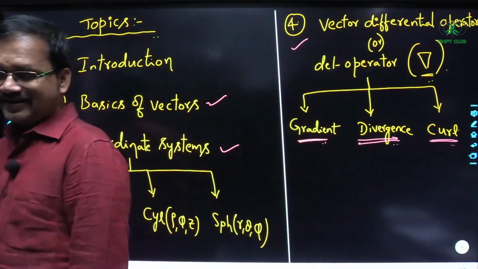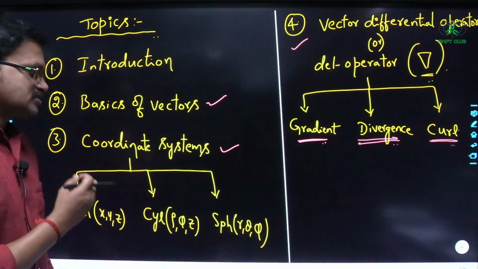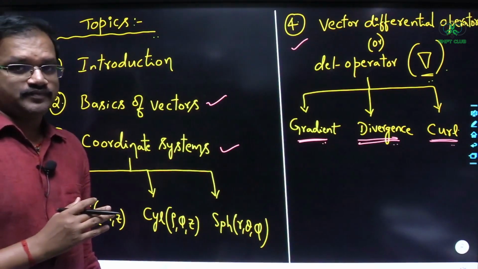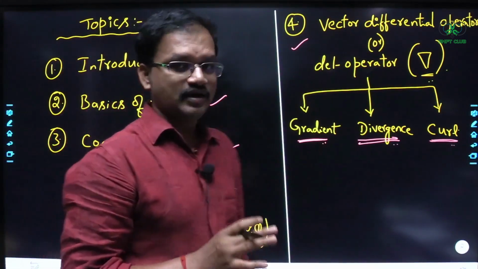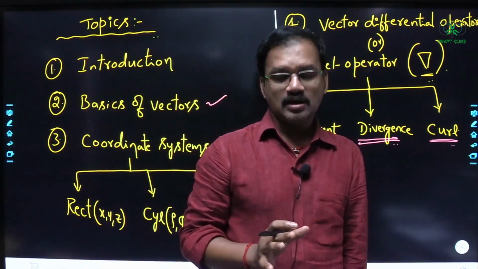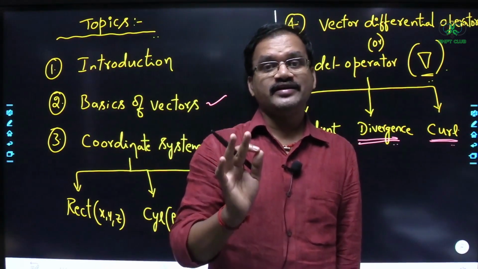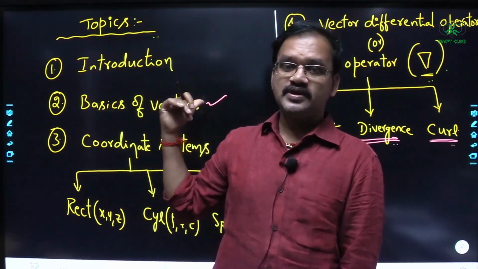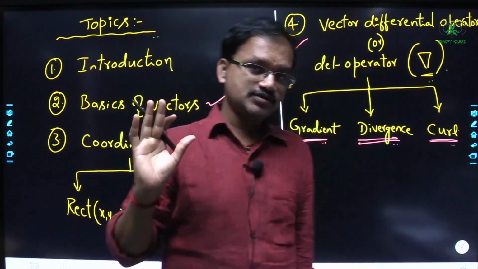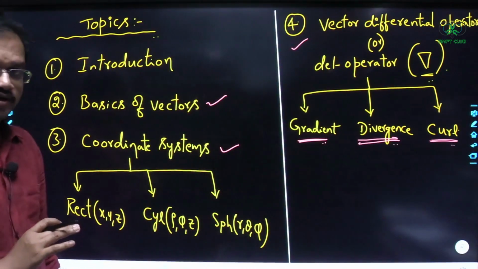You should not neglect this mathematical part, because this is the soul of the subject. If you understand it in a crystal clear manner, then you will understand the subject in a crystal clear manner. So don't neglect this part. It is very, very important.